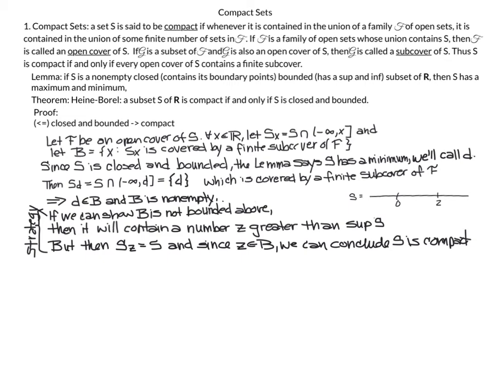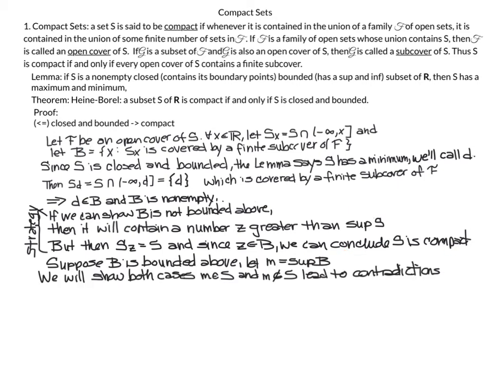And if you recall, then S_z will pick out the part of S that is less than z. But if z is greater than the sup of S, then S_z will contain all of S. And since z is part of this B, we can conclude that there's a finite subcover and S is compact.